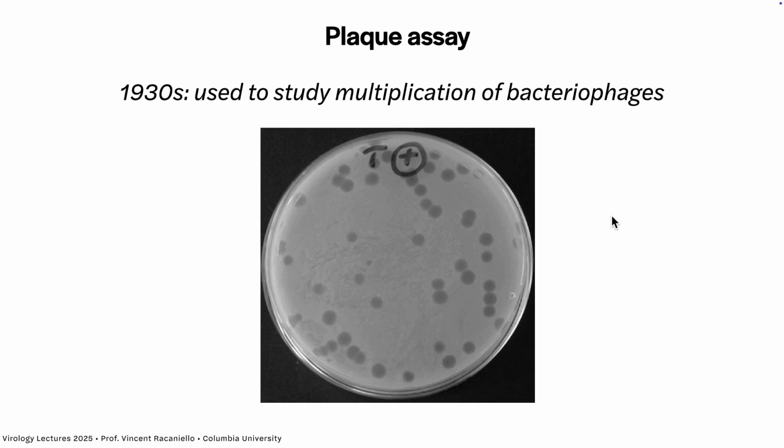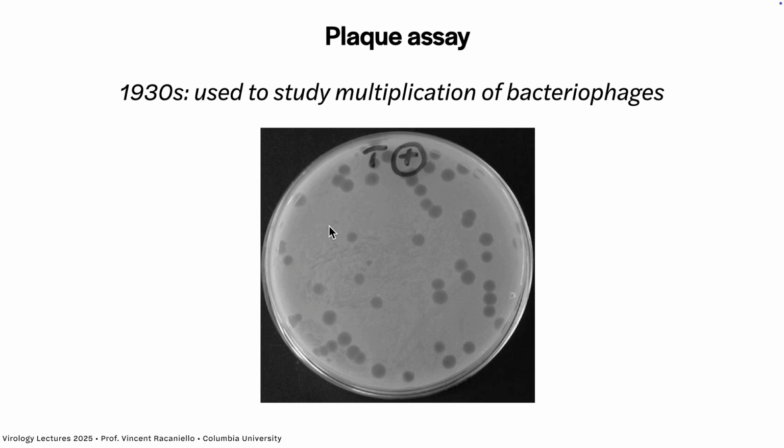Now, the infectivity assay was devised in the 1930s to study how bacteriophages multiply in cells. Remember, bacteriophages are viruses that infect bacteria. And what you can see here is that they have mixed a dilution of virus with host, typically E. coli in this case, and put it in the incubator.